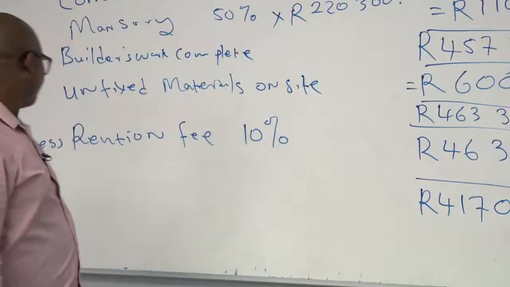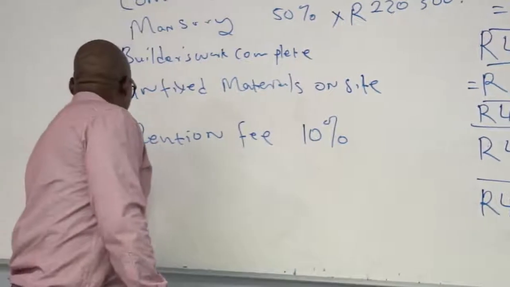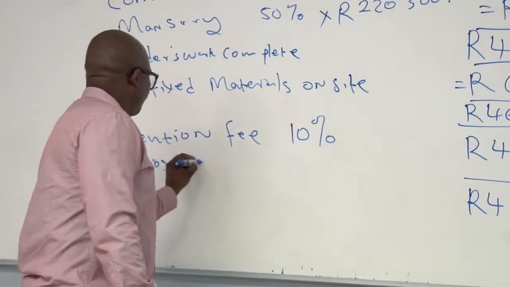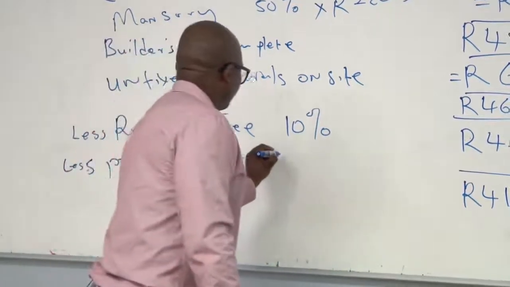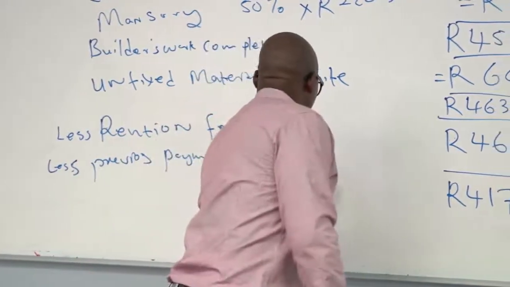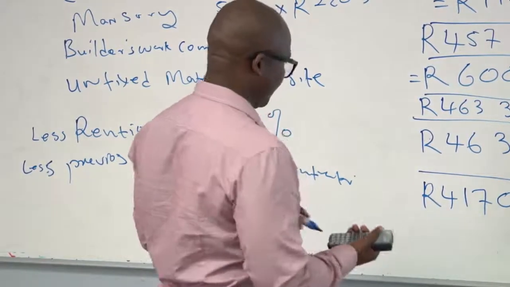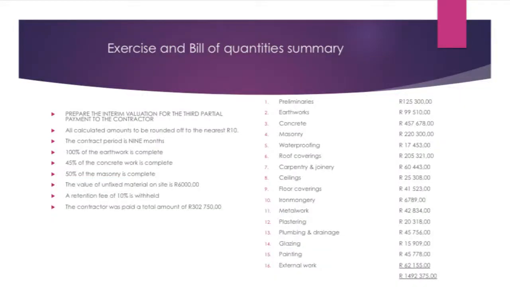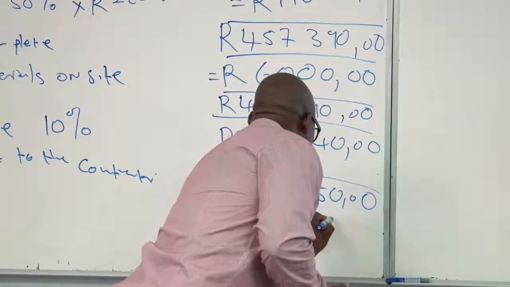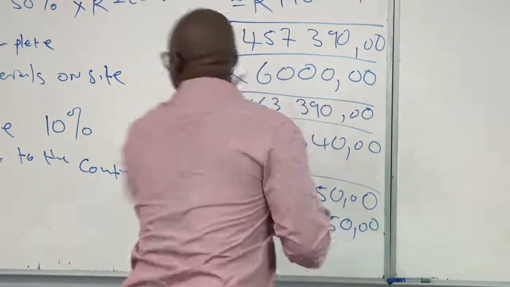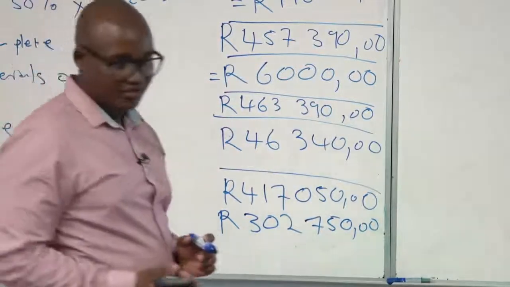So you will say less previous payment to the contractor, which is the amount that is allocated here on the exercise, which is 302,750.